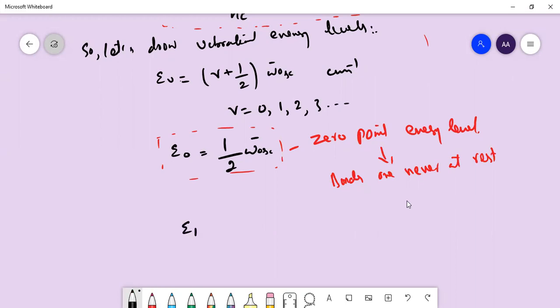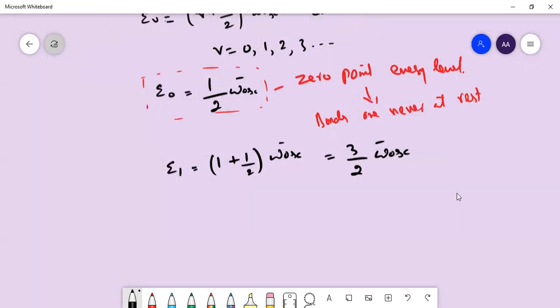When I substitute v is equal to 1, then E1 will be (1 + 1/2) ω bar. So what will it be? 2 plus 1 is 3, so I have a value 3/2 ω bar. Likewise, if I put v is equal to 2, then (2 + 1/2) ω bar.